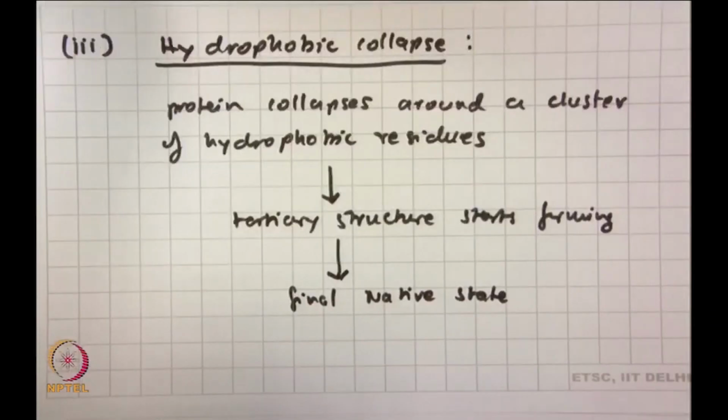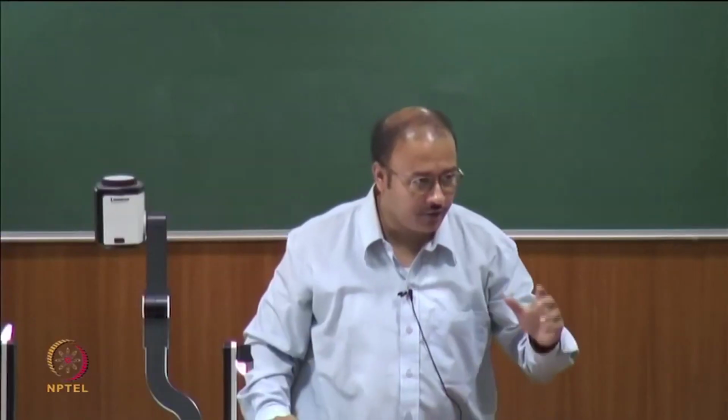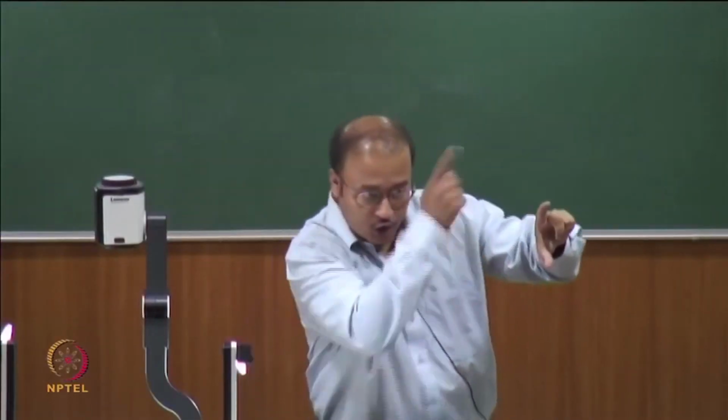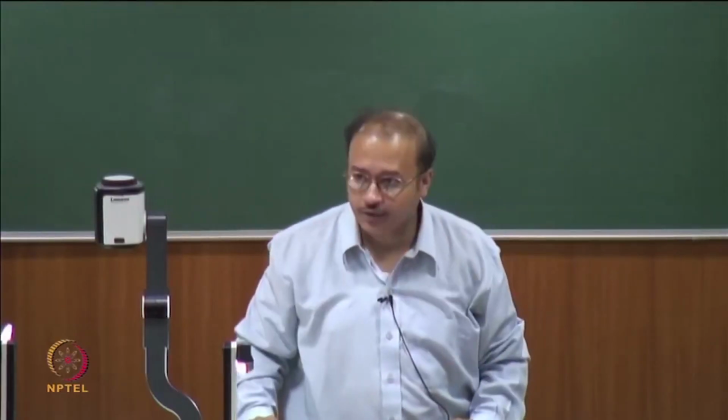So, let us think about this briefly. Right now, we are not going to talk about hydrophobic collapse in detail, but how do we envision it? For example, think about a membrane helix, which we have discussed before. If a helix has to be in the membrane, it had better be hydrophobic. It has to have a lot of hydrophobic residues, because it has to span across the hydrophobic part of the membrane.